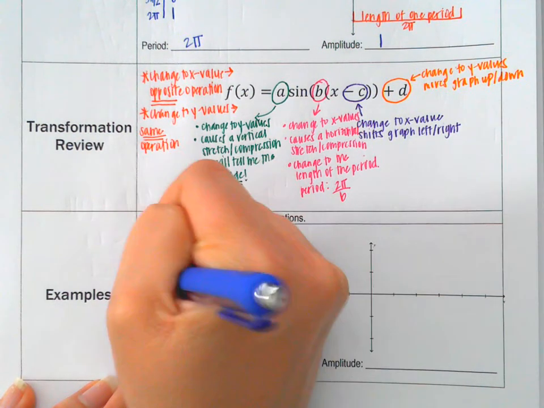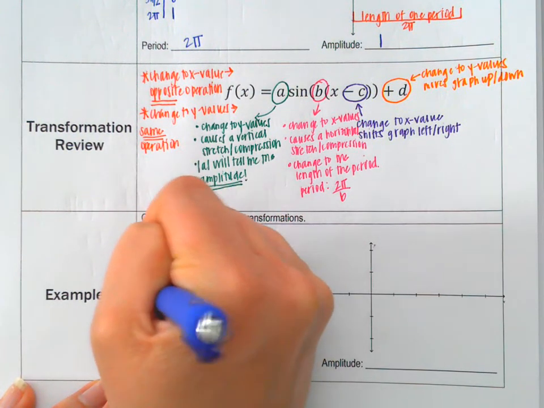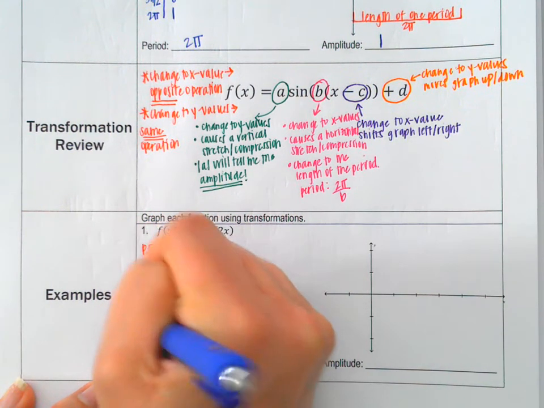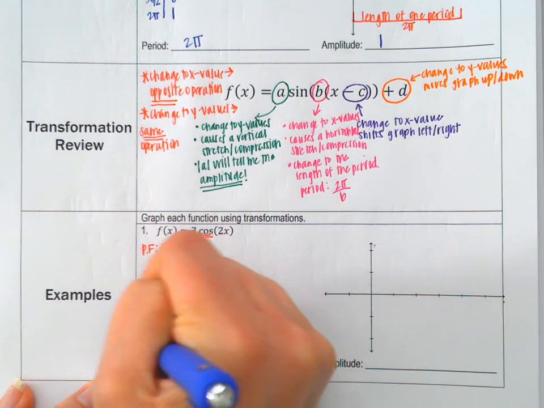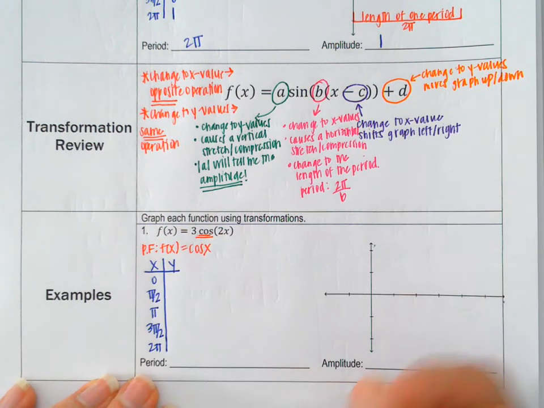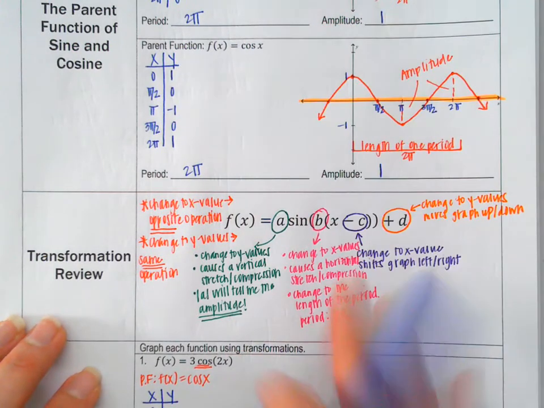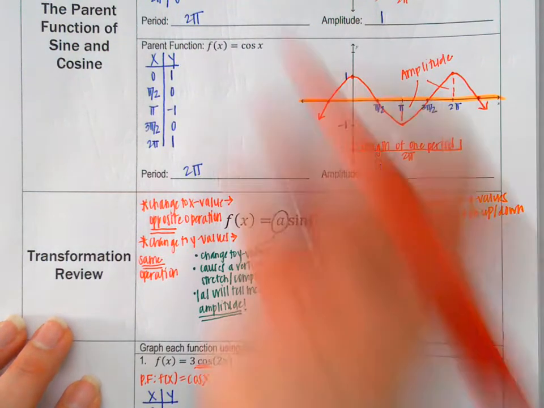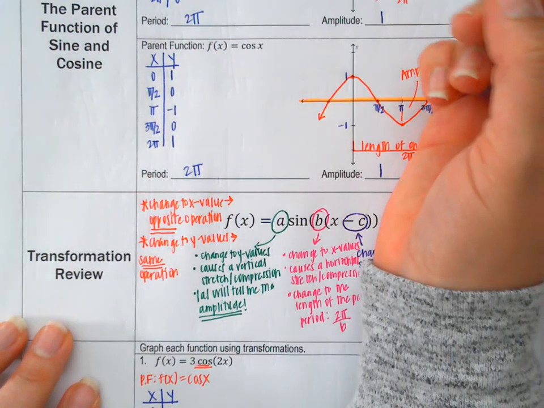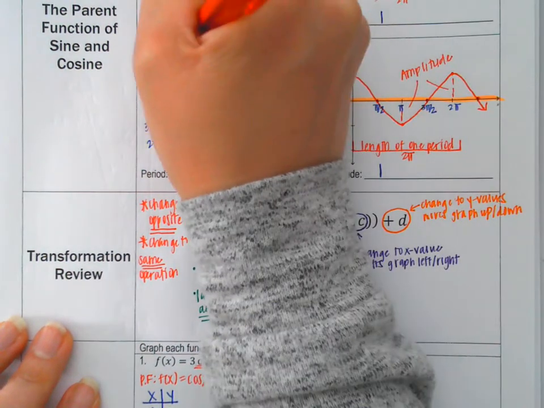My x values don't change: 0, pi over 2, pi, 3 pi over 2, and 2 pi. And then my y values, we could use these, or you can just always look at the unit circle. And remember, for cosine, it's the x value on the unit circle.